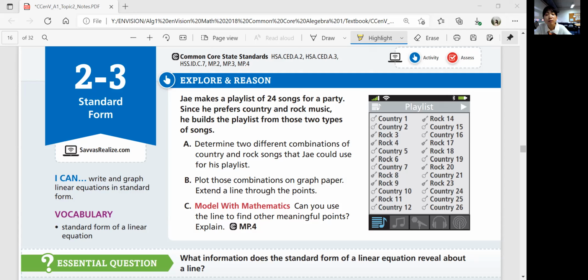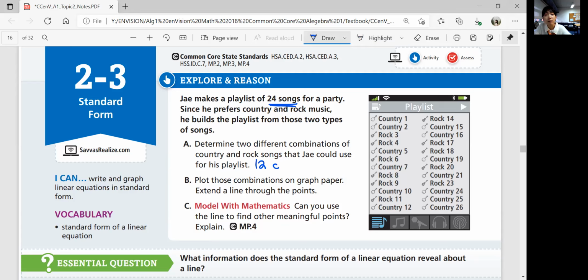You could have 12 country songs and 12 rock songs, or 16 country songs and 8 rock songs to get 24 total, right? He wants to make a playlist of 24 songs. So any 24 songs with a mixture of country and rock songs would be the answer.